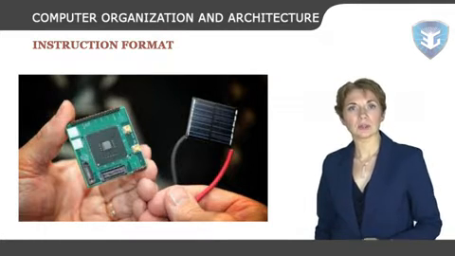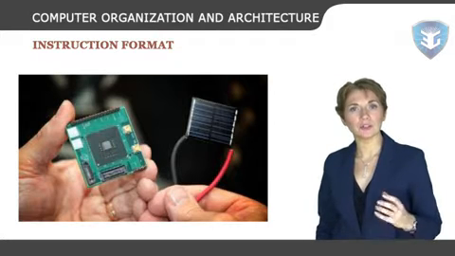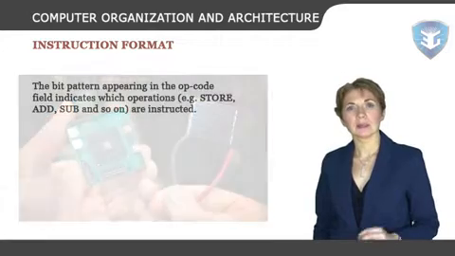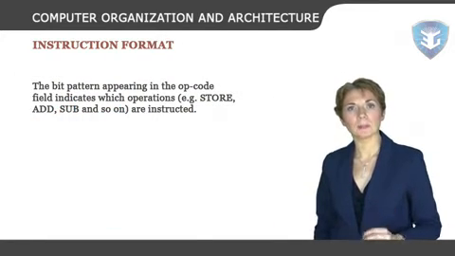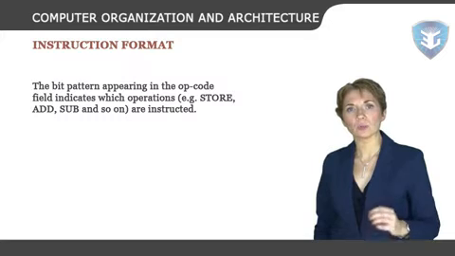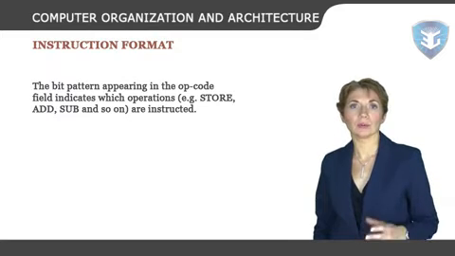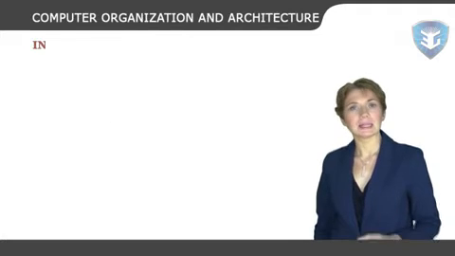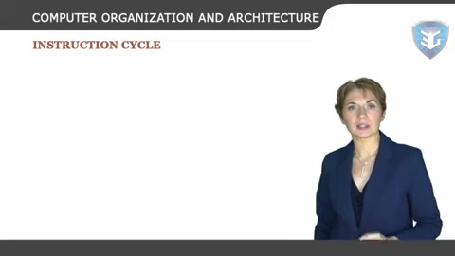Each machine language instruction is composed of two parts, the opcode and the operand. The bit pattern appearing in the opcode field indicates which operations, for example, store, add, sub, and so on, are instructed. Now we will learn about the instruction cycle.